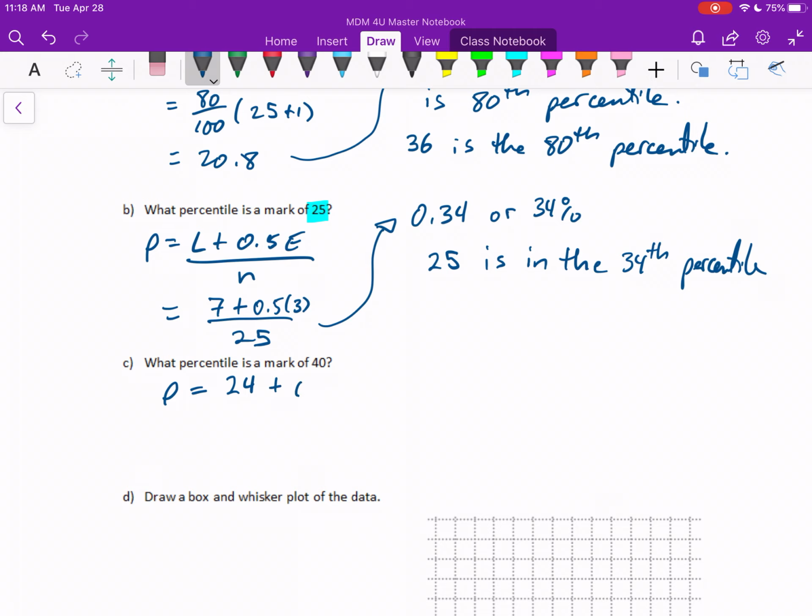And there only is one 40, so let's say there's one equal to 40, and we'll divide that by n, which is 25, which gives me 0.98, or 98%. So 40 is in the 98th percentile.